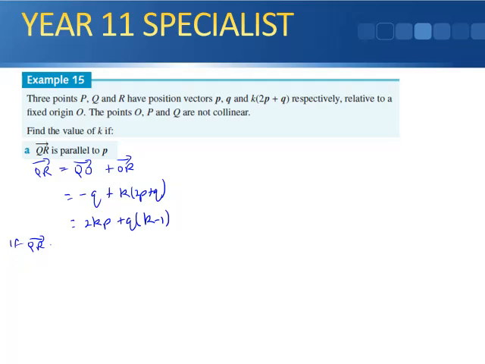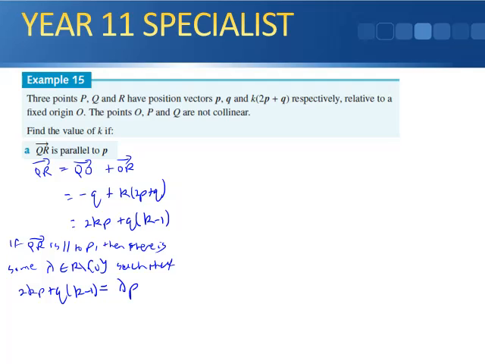But if QR is parallel to p, then there is some value, we'll call it this, it doesn't really matter what we call it, of course it cannot be 0, such that what we just got, 2kp plus q(k minus 1), has to equal some multiple of p.